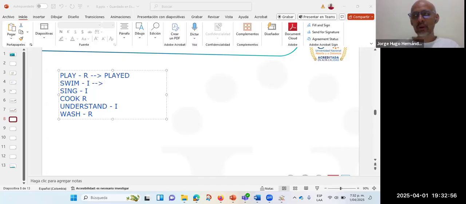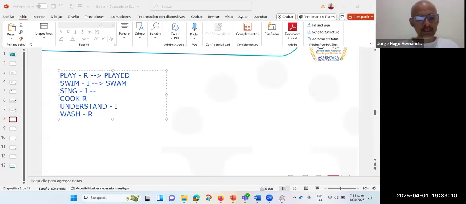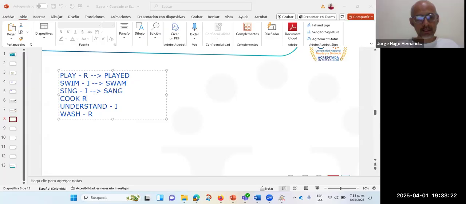Swim, it's an irregular verb, so I have to look for the verb on the list, and on the list, it says that swim is present, swam is past, okay? Sing is an irregular verb. I have to look for the verb on the list, and on the list, we can find that sing is present, sang is past, okay?